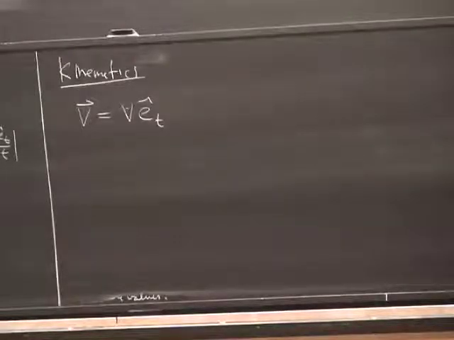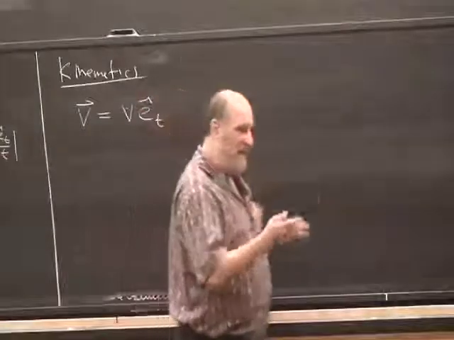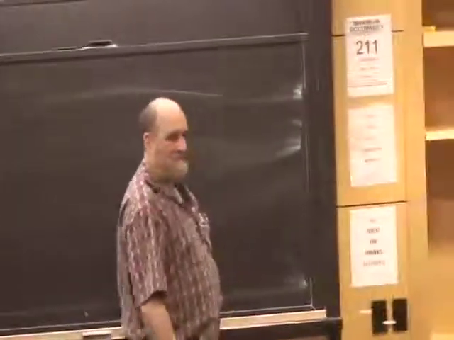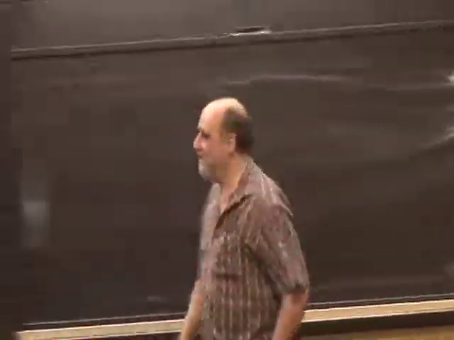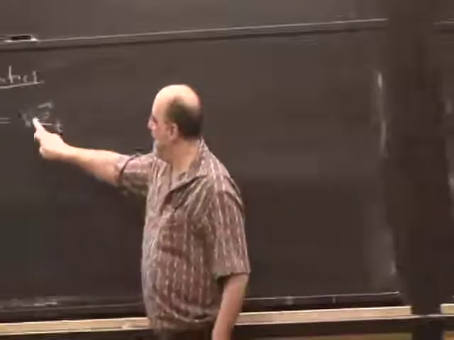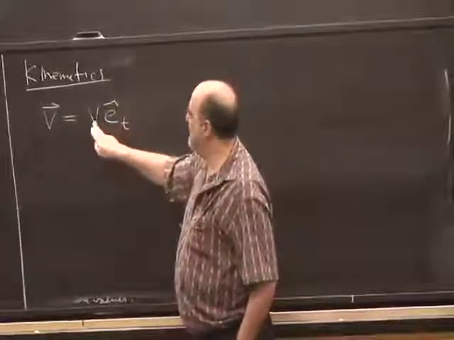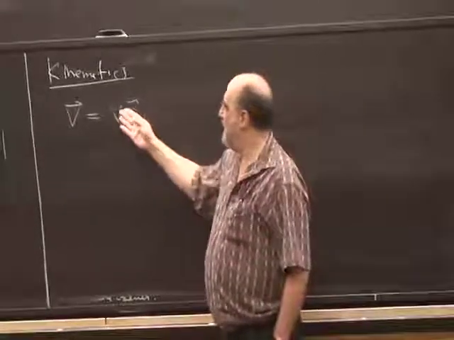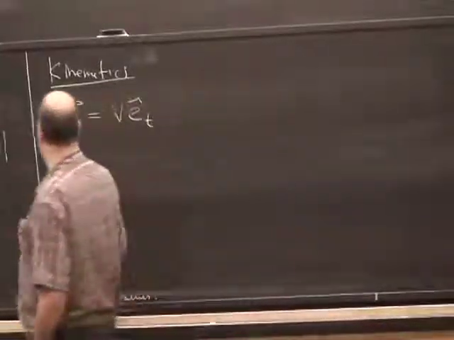Any vector is itself divided by its magnitude times its magnitude. Itself divided by its magnitude is a unit vector in the direction of the velocity, and then times the magnitude again. So this is the direction part of the velocity, and this is the magnitude part of the velocity.